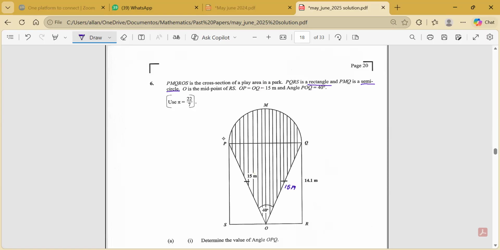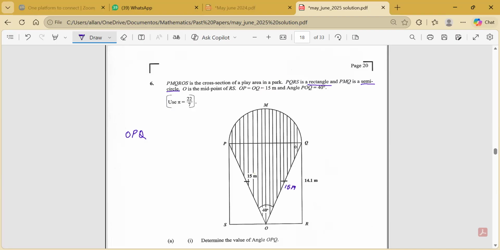So what kind of triangle will you call this triangle? OPQ, isosceles. Yeah, that's isosceles, right? They give the angle in the triangle. All right. Okay.